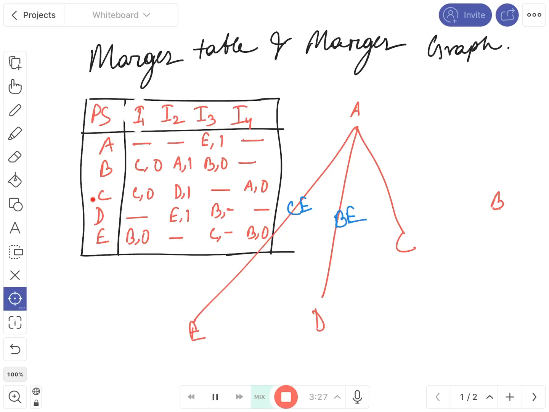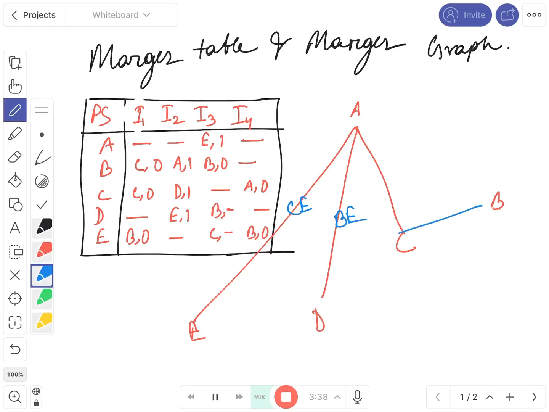Now let us check for BC. For BC, I1, I2, I3, I4 all outputs are same, but it doesn't have any implied pair. Now for BD, I1, I2, I3, I4 outputs are same, and for I3 the next state is explicitly specified, but it is not an implied state, it is a single state.